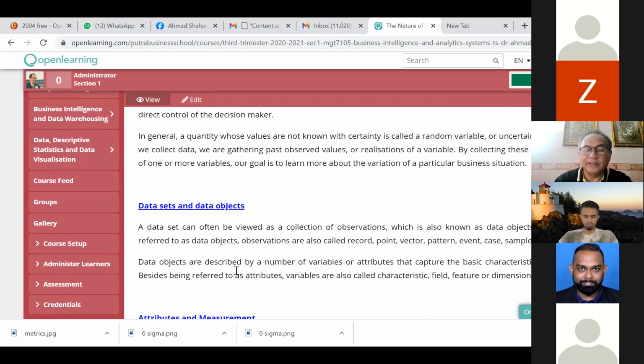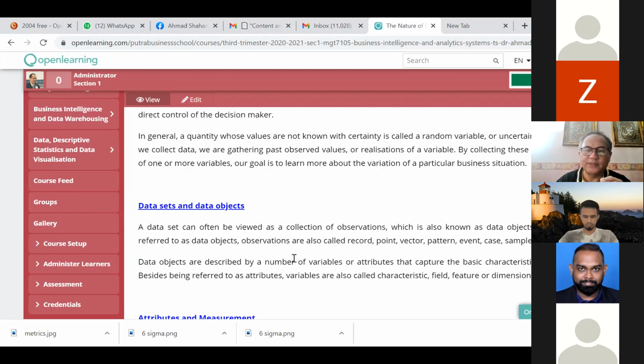A data object is described by a number of variables, which are referred to as attributes. A data set is a set of data. A data object is where you have an object, and this object has attributes.